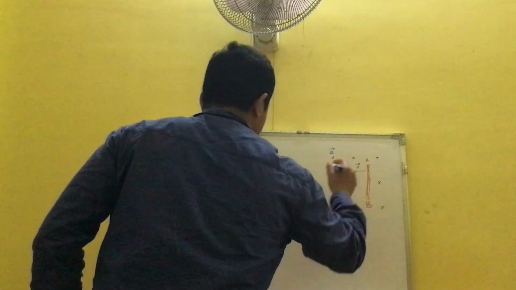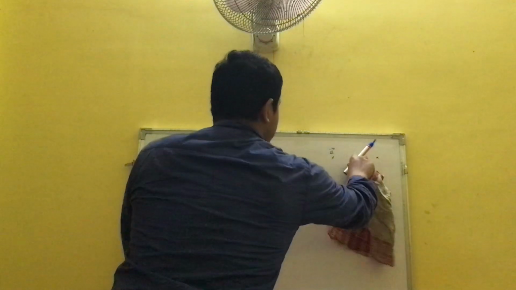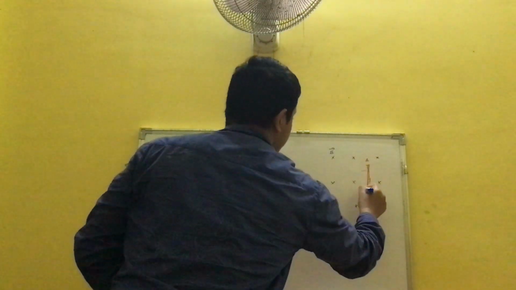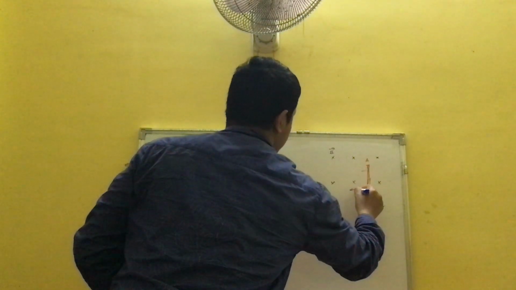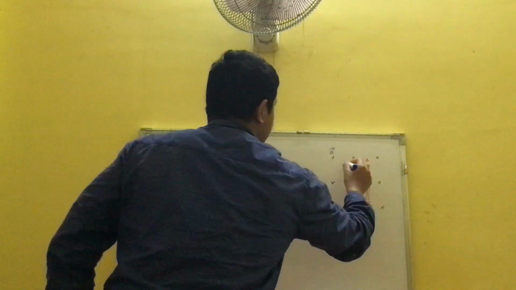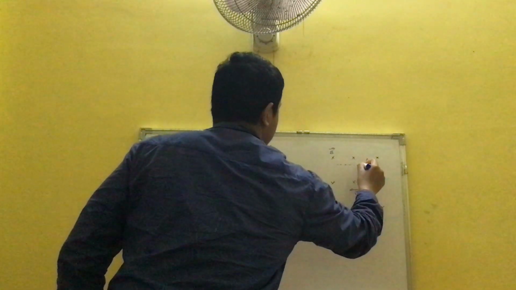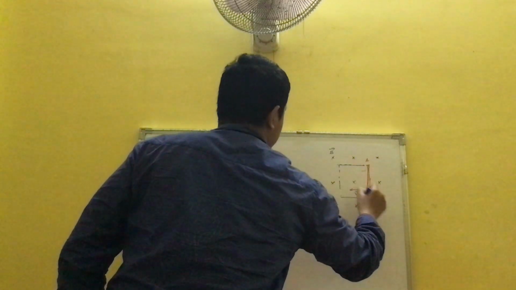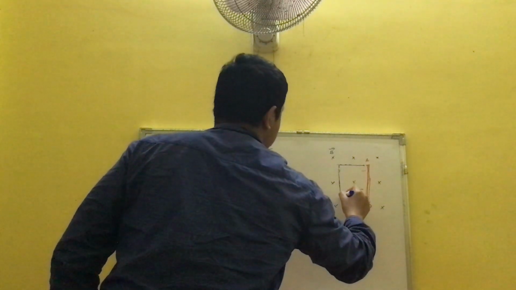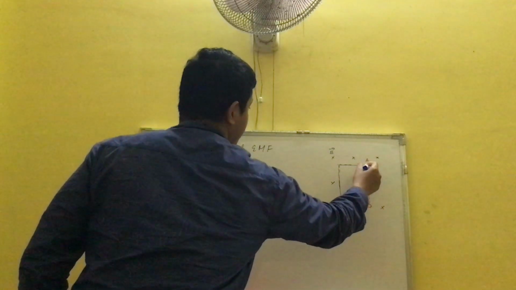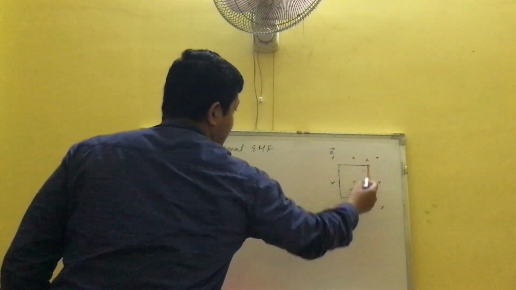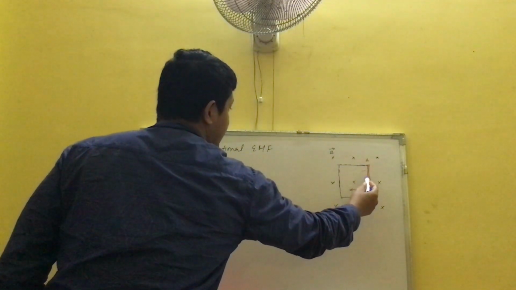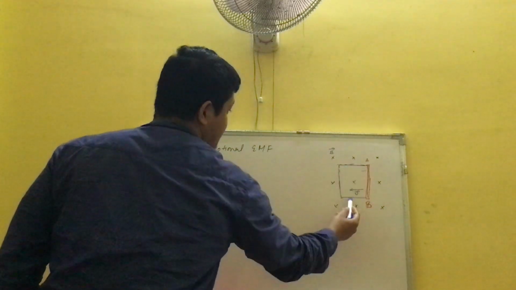So now let us also assume a complete coil. I have assumed this so that this arm of the coil can be slid over these two arms.